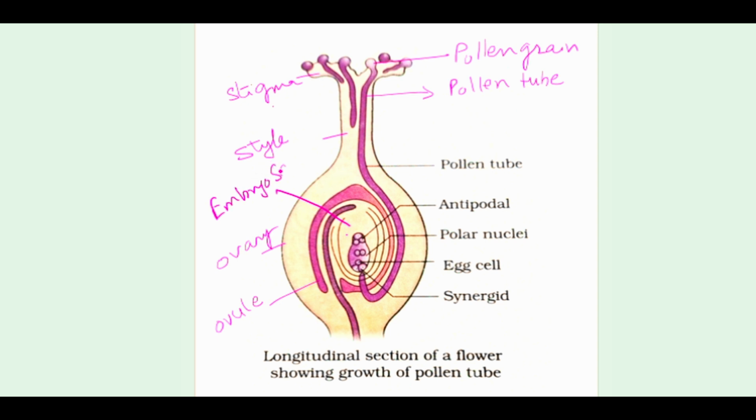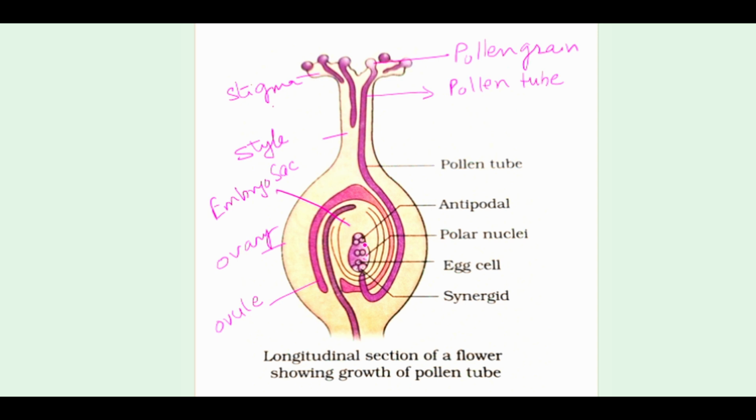We have discussed, but once again for the diagram, this pollen tube is reaching the embryo sac and, with the help of synergids, two male gametes are released over here. Now these two male gametes you need not draw over here, because if the question asks to draw the diagram at the time of fertilization, then you have to show the entry of two male gametes with two more dots inside the embryo sac.